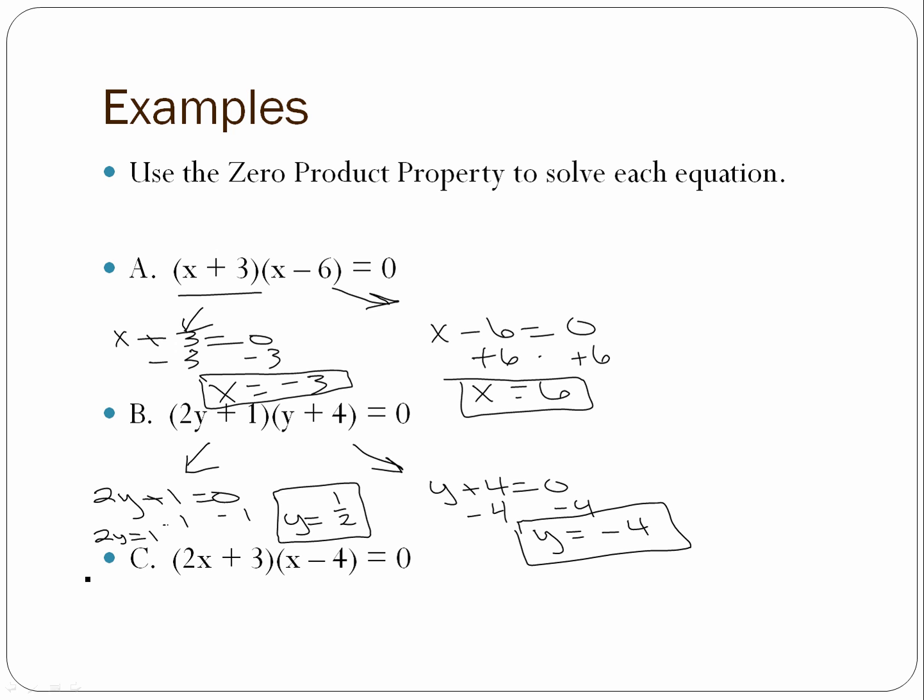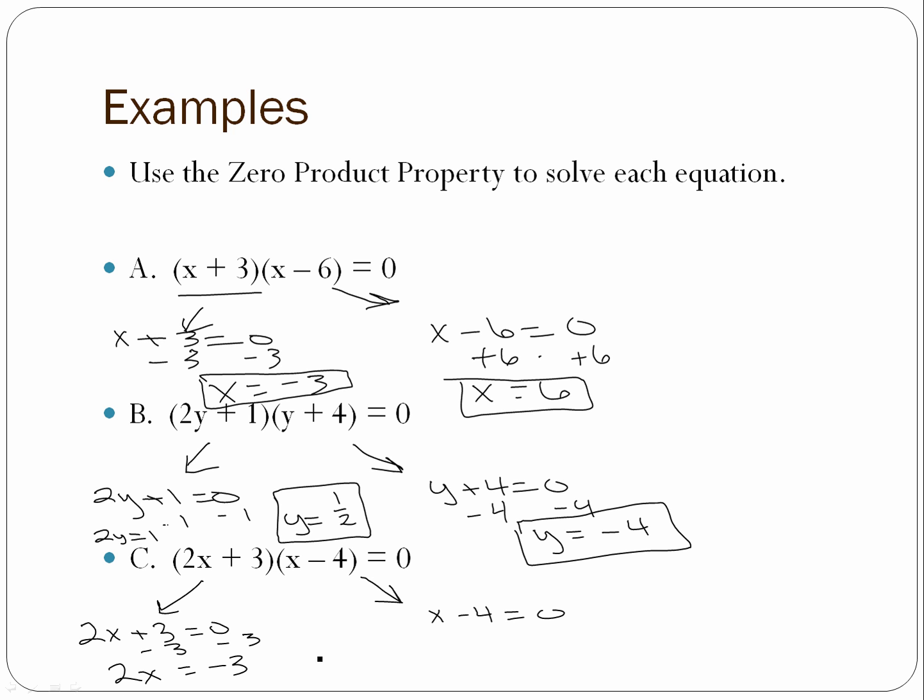Final example here, again, we're going to take each binomial, put it by itself, and set it equal to 0. So 2x plus 3 equals 0. And on this side, we will have x minus 4 equals 0. For the first binomial, I'm going to subtract 3. I will have 2x equals negative 3.